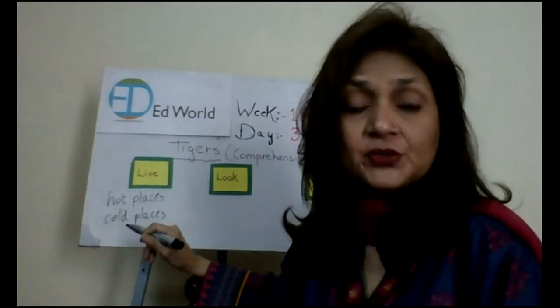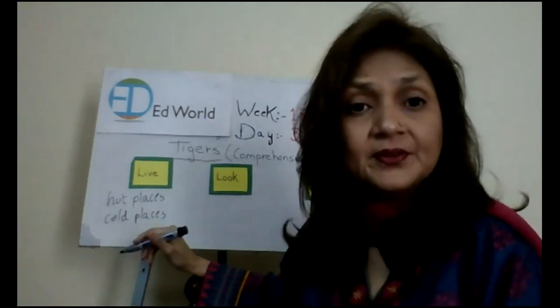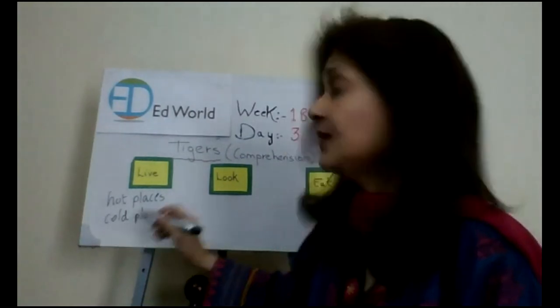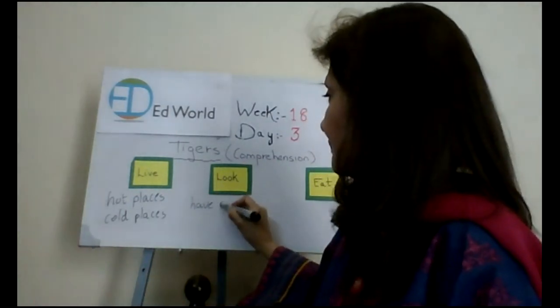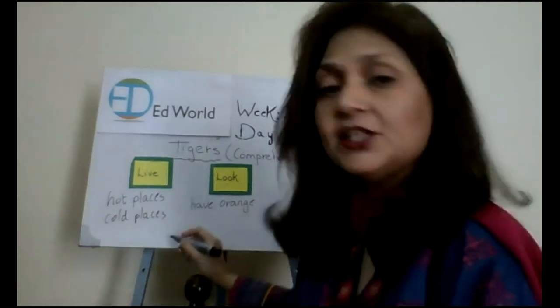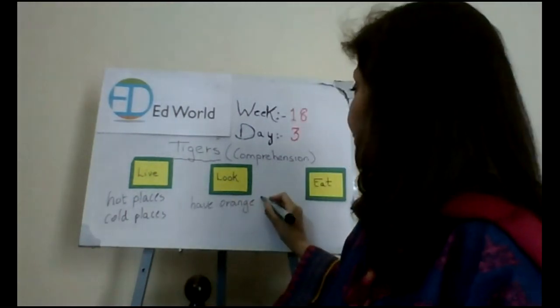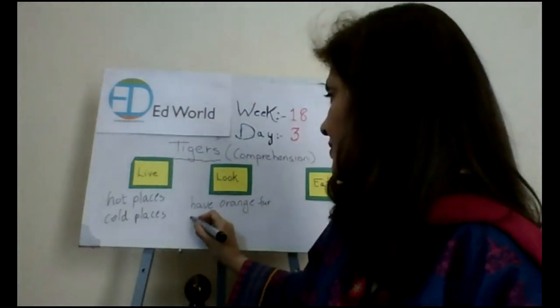So now comes the next one. What do tigers look like? Tigers have orange fur with black stripes.